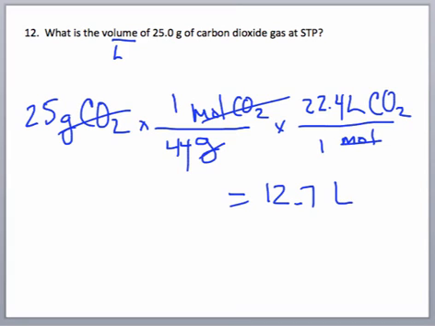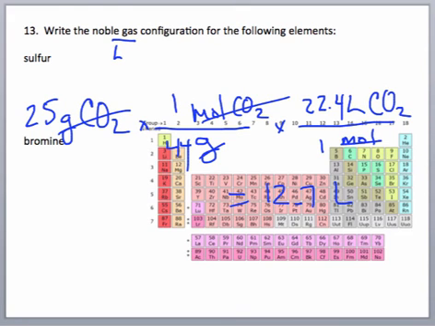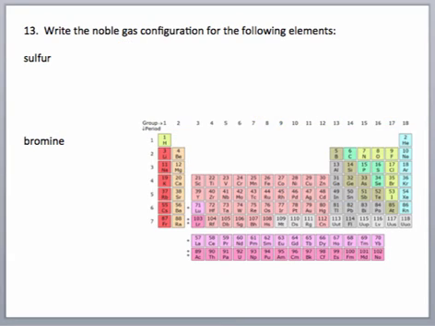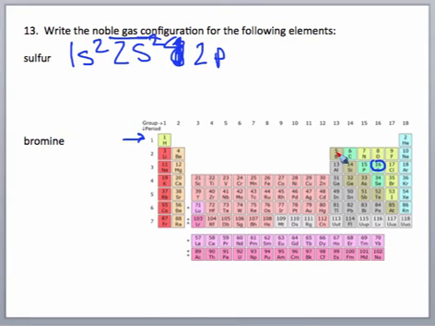Let me click to the next slide here. Whoops. Let's clear out and get a pen. Alright, now we're writing electron configuration. So sulfur is here. So if we wrote the whole electron configuration, we would start in the first row, 1s2, 2s2, 2p6, 3s2, and then we go 3p4.